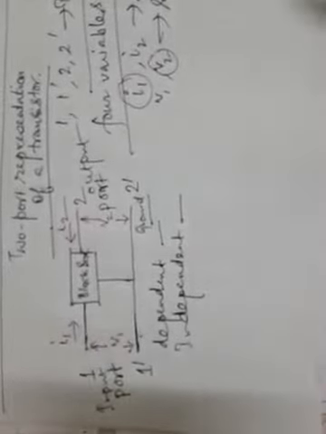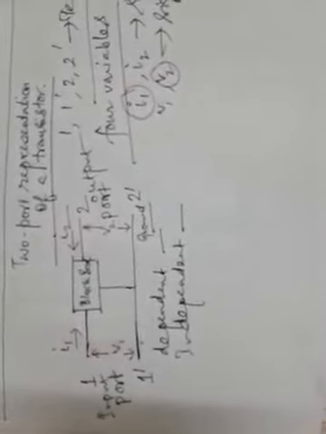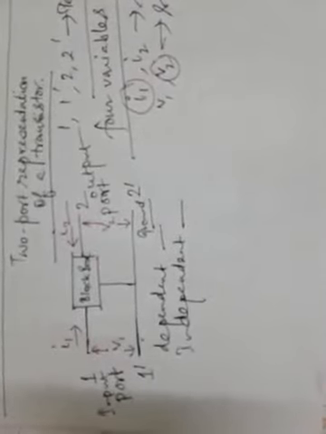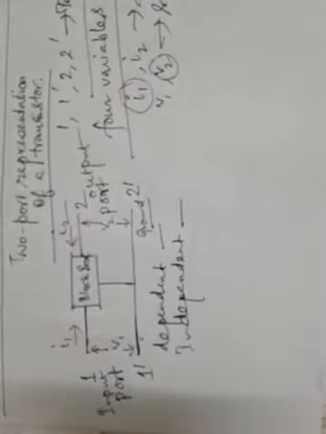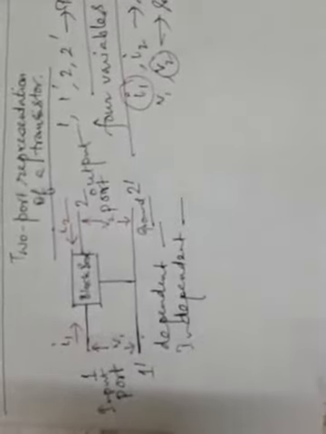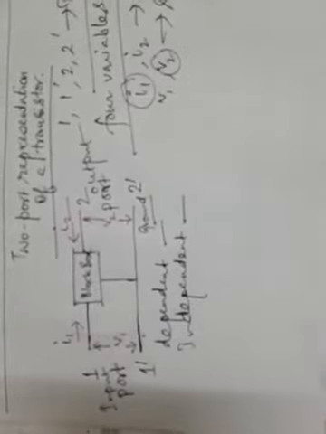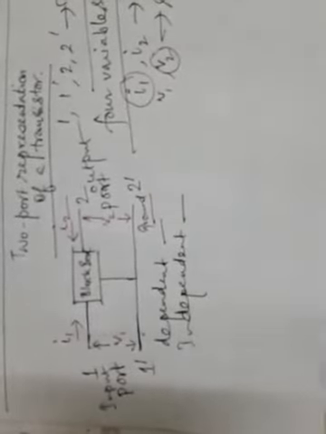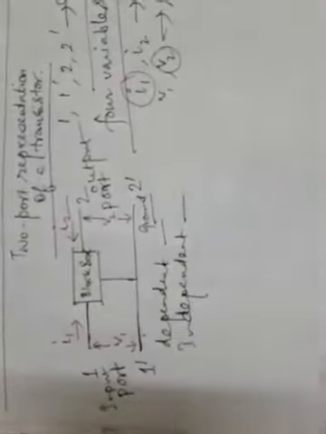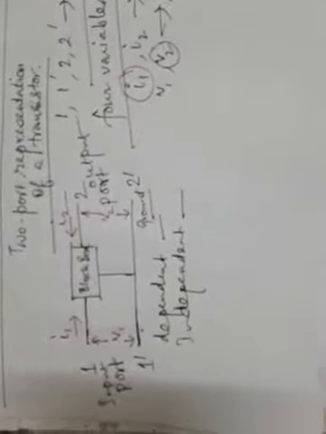The dependent variables will be those which are expressed in terms of independent variables, and thereby we can write the equations. So what is expressed in terms of the other is called the dependent variable, and the one in terms of which it is expressed will be called the independent variable.